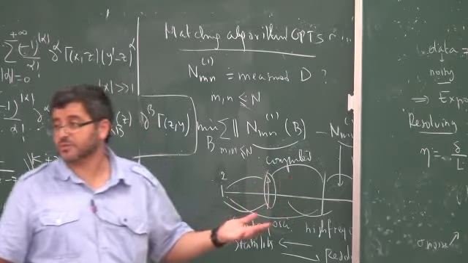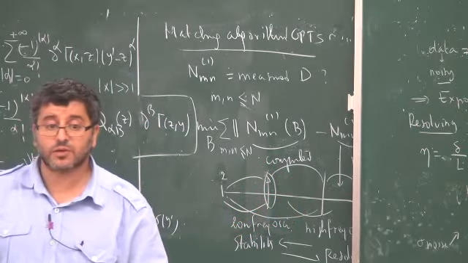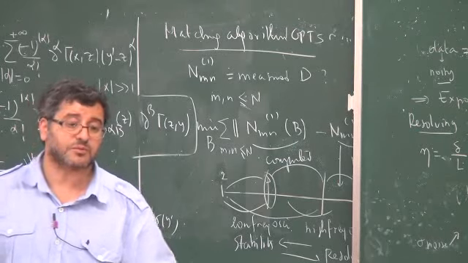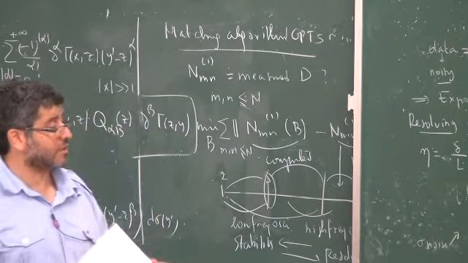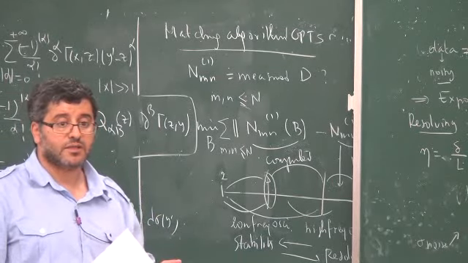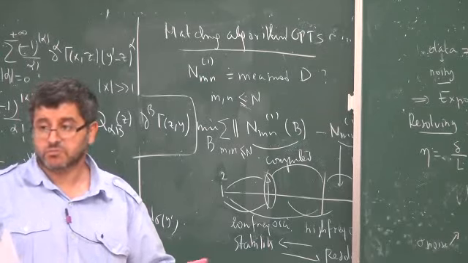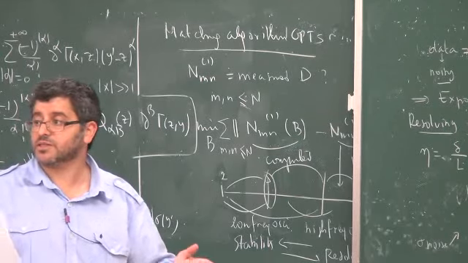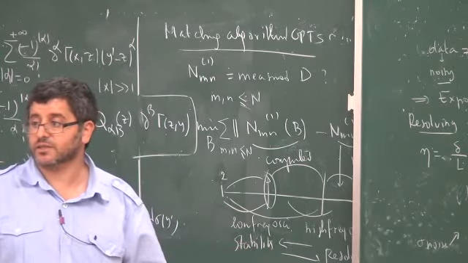But in general it's impossible, because it could be anything. So you have to look at it in some dictionary, because you know what you are looking for. So if you are interested in target aircrafts, then you make a dictionary of all the aircrafts. You compute their generalized polarization tensors. This is your dictionary.